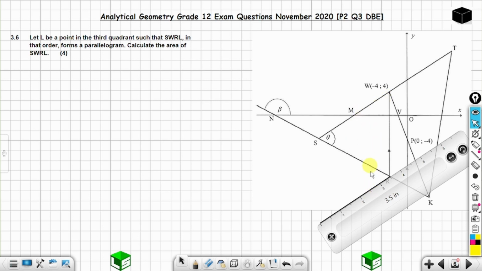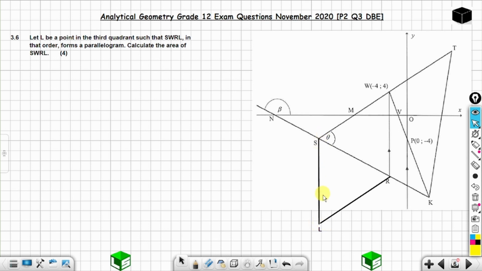So this and this, they are parallel to each other, okay, because this is a parallelogram. So I can close this. Now I'm going to have L. So this is L. So I'm going to have SWRL, okay. So now this is my parallelogram.